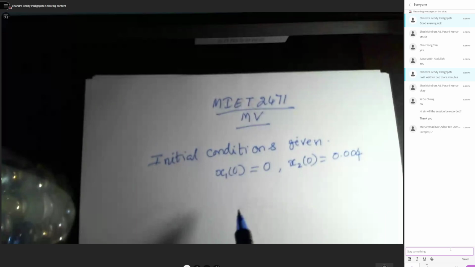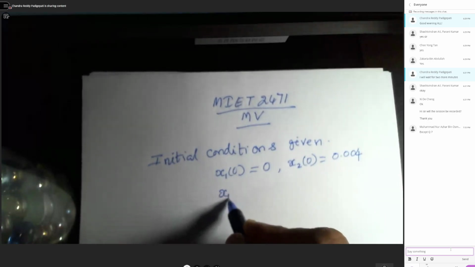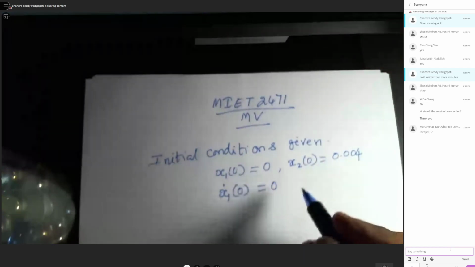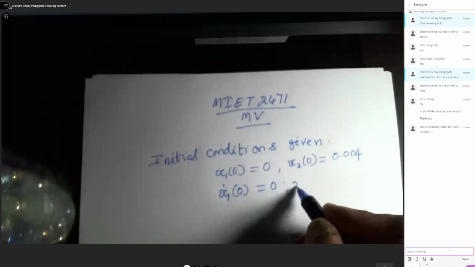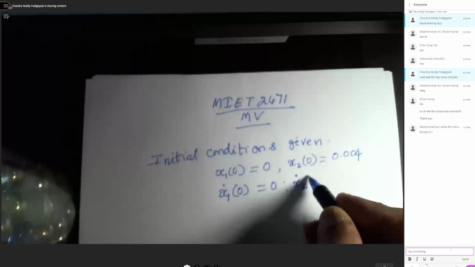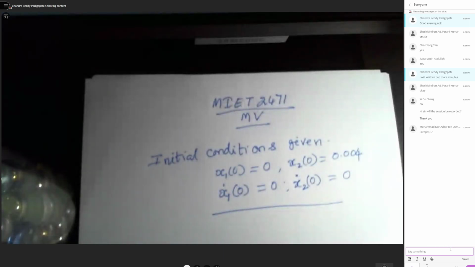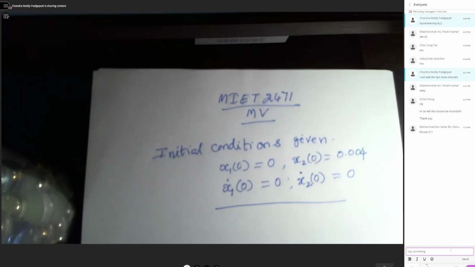Then the velocity when the time is 0 is 0, and for the second mass also the velocity when the time is 0 is 0. So these are the initial conditions for the system.